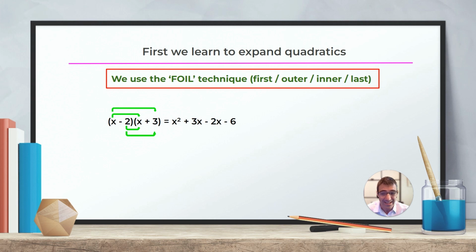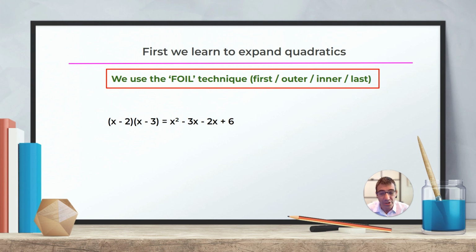So x times x is x squared, x times 3 is 3x, negative 2 times x, so a negative number times a positive number is going to be negative 2x, and negative 2 times positive 3, again, a negative times a positive is negative, is going to be the negative number 6. And so in the middle, you will have 3x minus 2x, and 3 minus 2 is 1. So in this case, you're left with x squared plus a single x, and then minus the number 6.